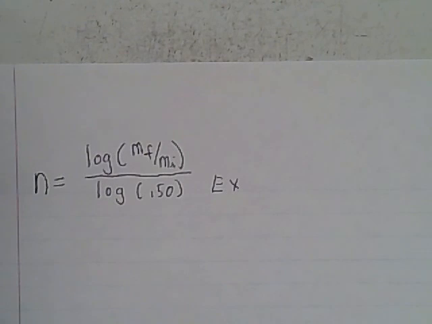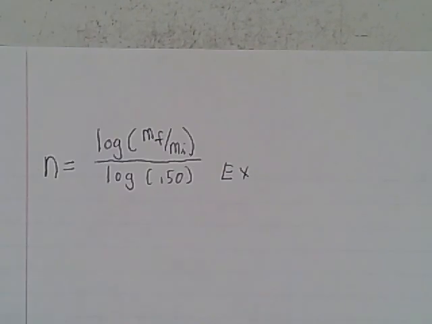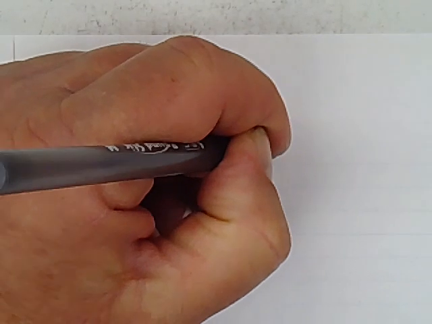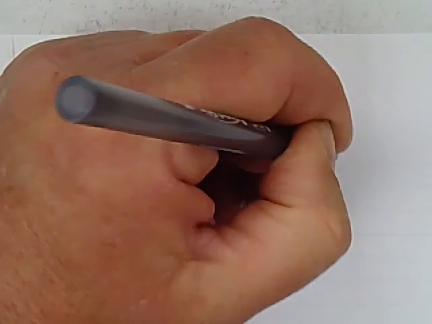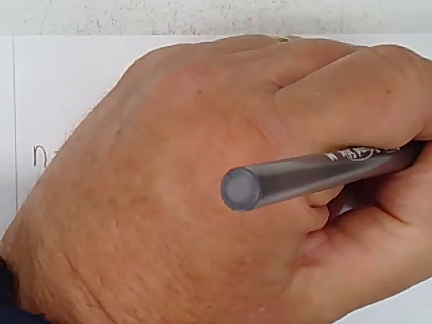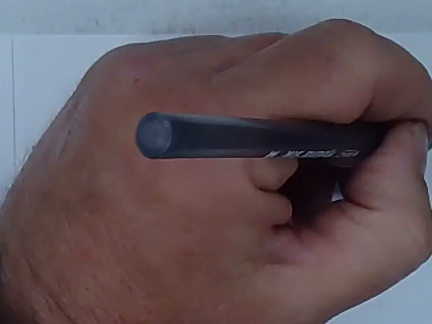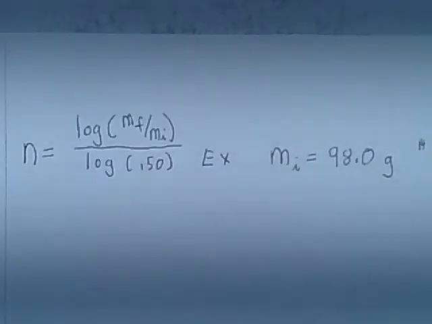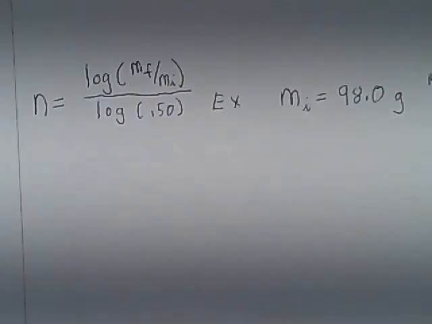What is the initial mass that we have to start off with? All right, so we have a random value for an initial mass of, we'll say, 98.0 grams of some substance that undergoes carbon-14 disintegration over time.